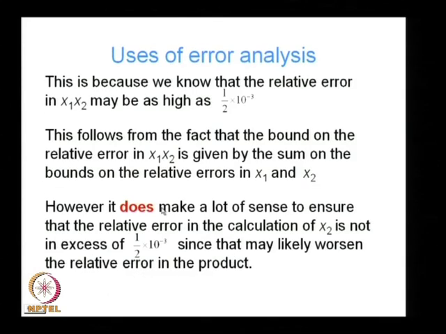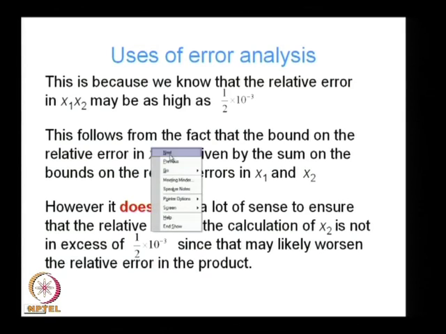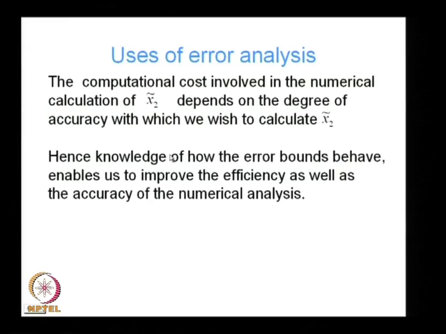However, it does make a lot of sense to ensure that the relative error in the calculation of x2 is not in excess of half into 10 to the power minus 3. That is, the error in x2 should not be more than 3 significant digits, since that is going to worsen the relative error in the product.